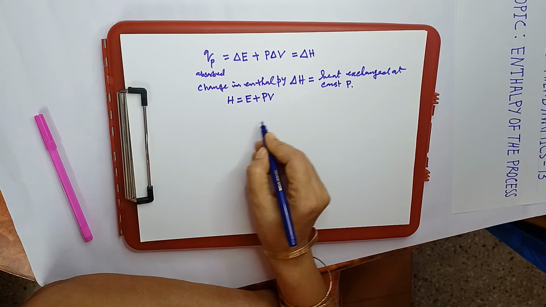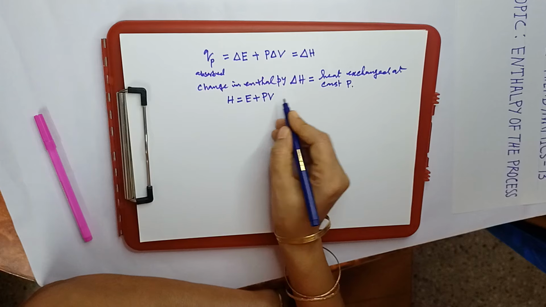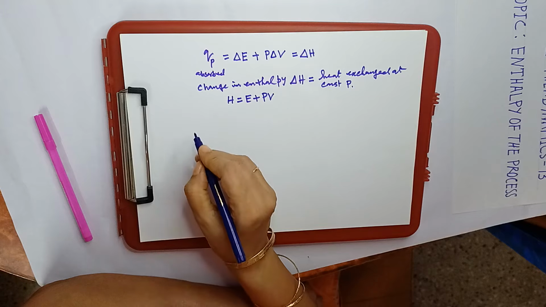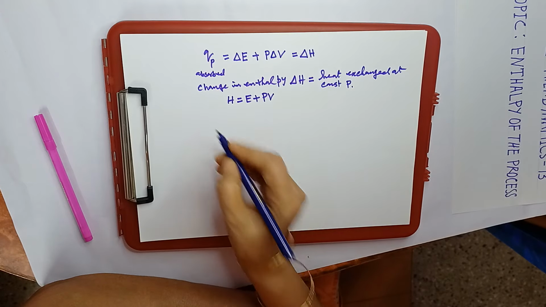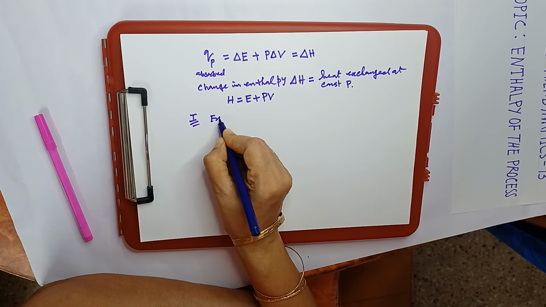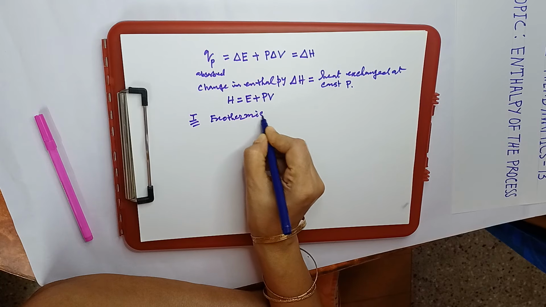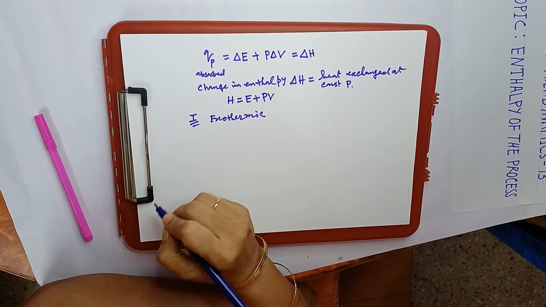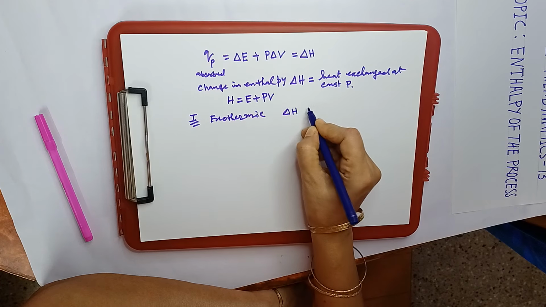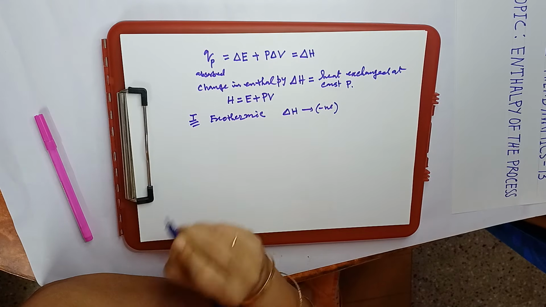So this heat absorbed or heat released, or change in enthalpy, what will be the sign? If the heat is released, that means if the process is exothermic, that means heat is released, delta H will be negative.